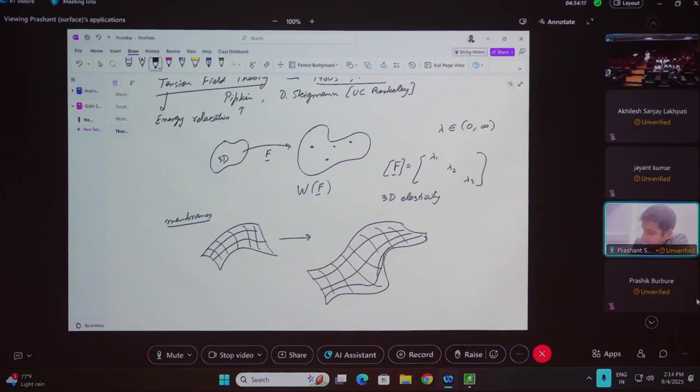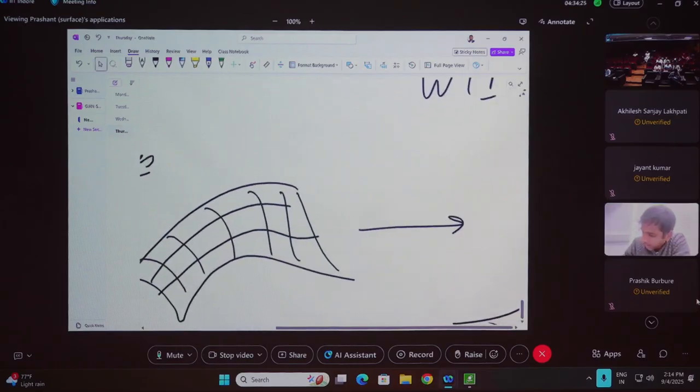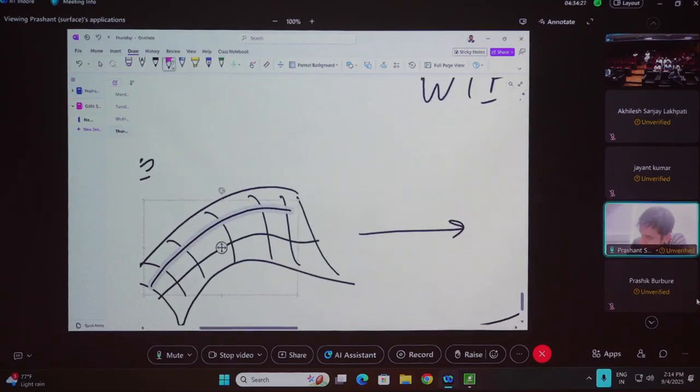But it's a 2D system, right? So we just zoom into this and we just look at any point and we look at the local surface vectors. So let's call this E1 and E2.